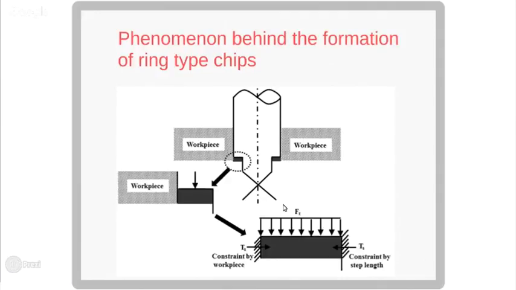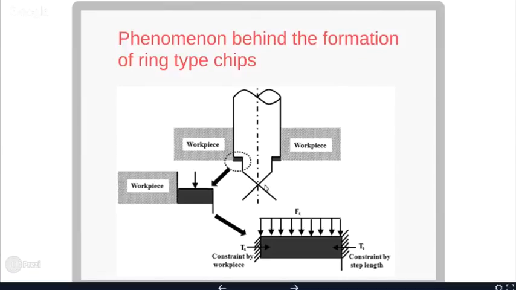So we investigated and came to know that at the end of the drilling process, when only the secondary cutting edge is in action, now what happened? This last flake of the material is constrained by the workpiece from this side, constrained by the cutting tool from this side. Okay, this is the extended portion of this one.